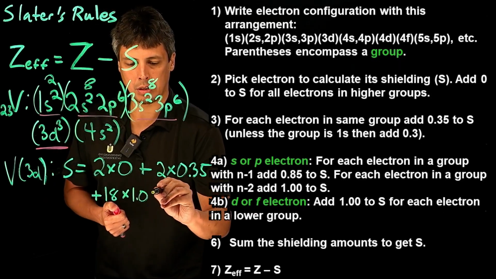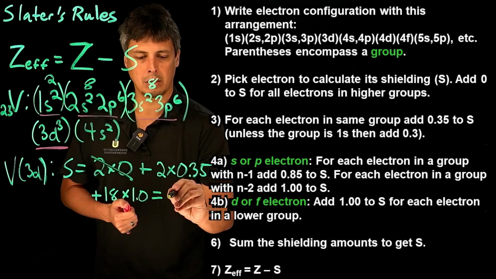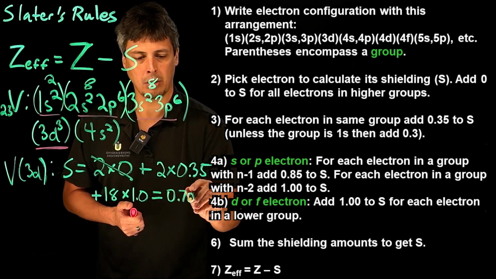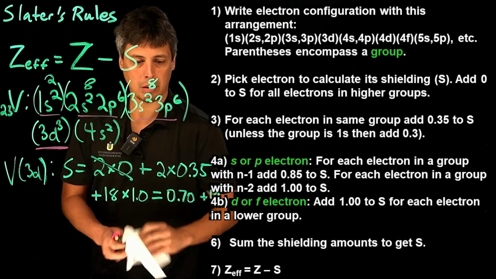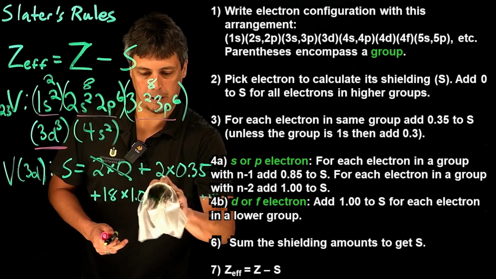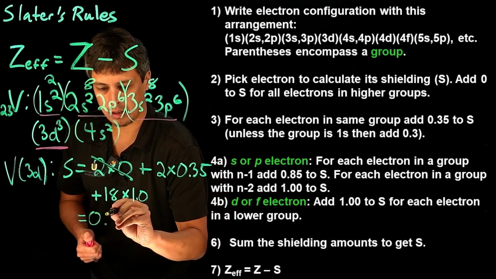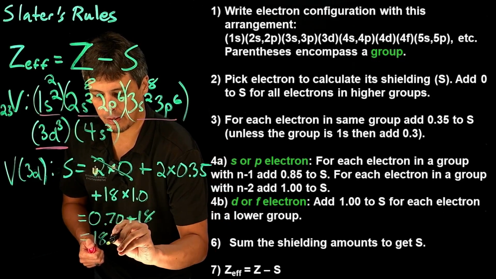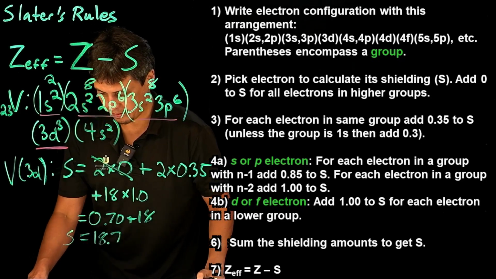And that's going to give us a shielding constant of 2 times 0.35, which is 0.70, plus 18, which equals 18.7 for the shielding.